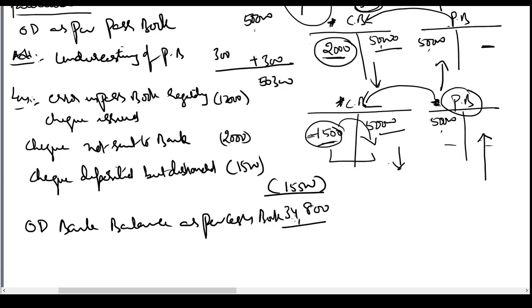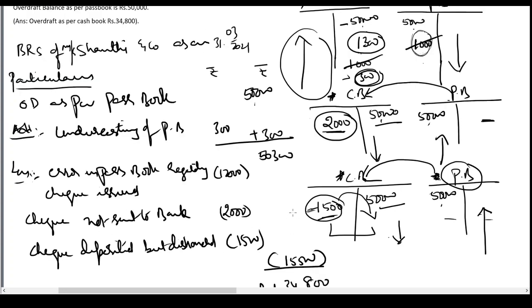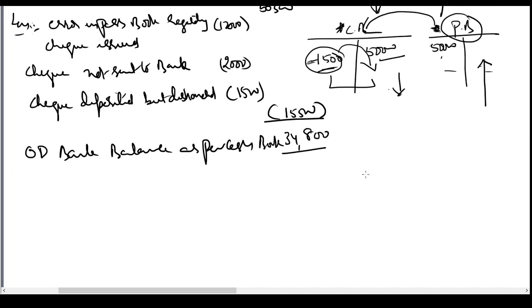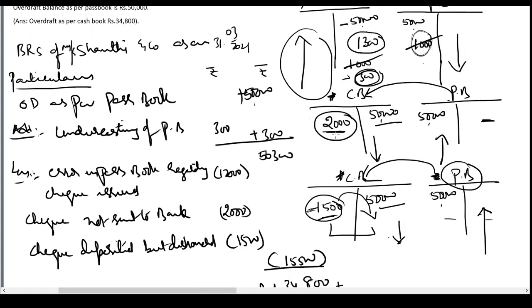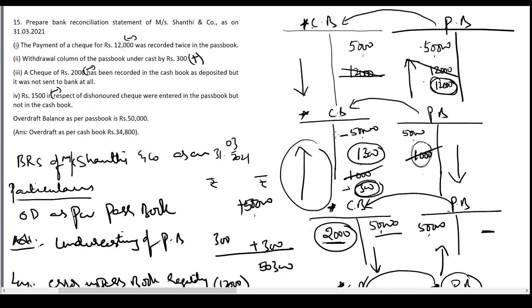Suppose this answer was minus, then in such case it will become favorable balance as per cash book. We have started with OD balance as plus. If the answer is in plus, that means this is also overdraft balance but as per the other book. If this becomes minus, then that means it is opposite balance, then it will become favorable balance. That is how we have to solve the problems. Thank you.